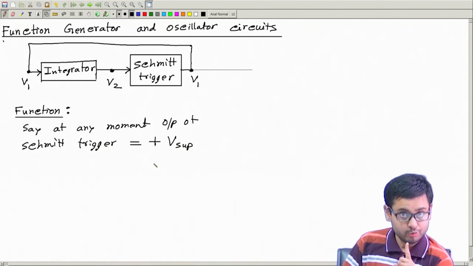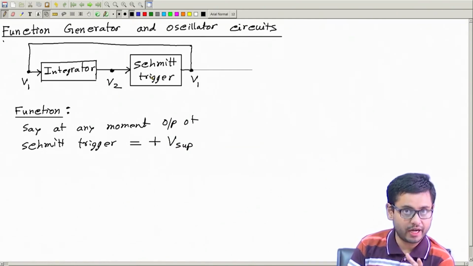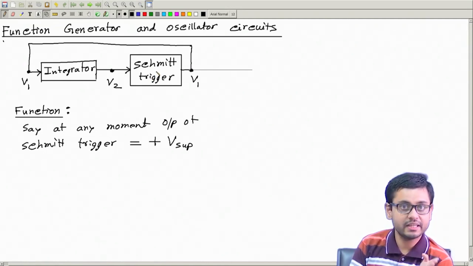The Schmitt trigger is made up of an op amp, and its output can take only two stable values: either the positive supply voltage of the op amp or the negative supply voltage of the op amp.